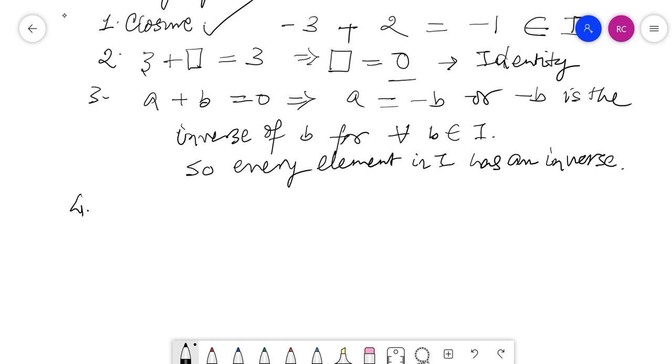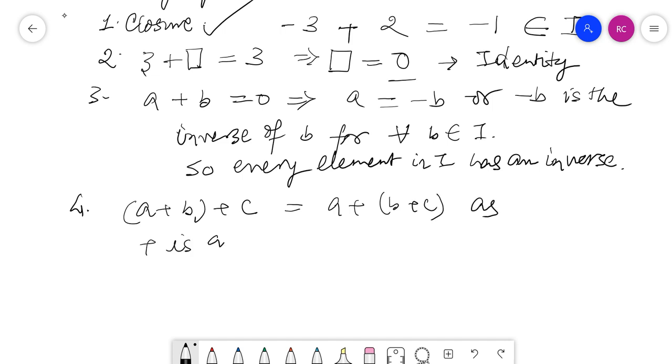Next, what is the next property? Associativity. So A plus B plus C is equal to A plus B plus C, as plus is associative for integers, right?